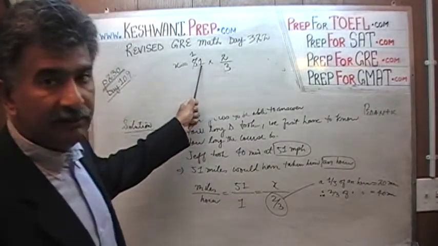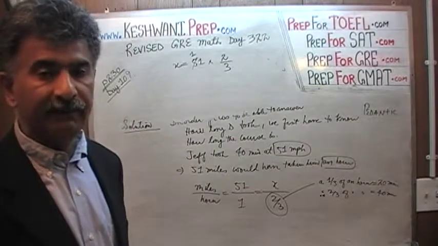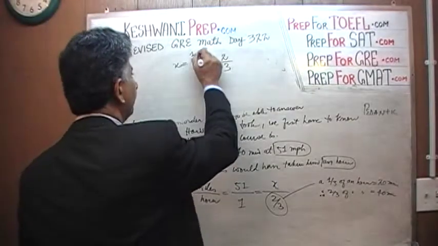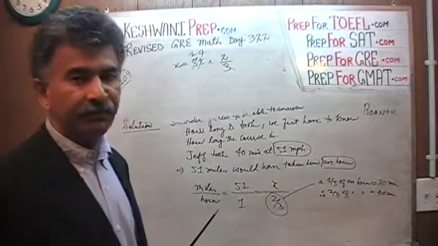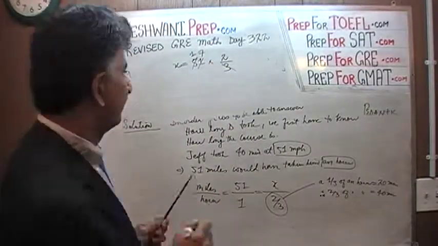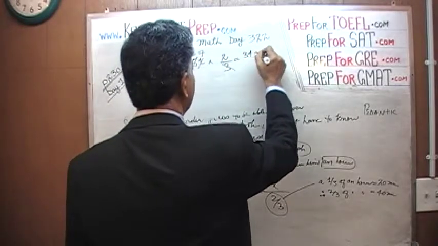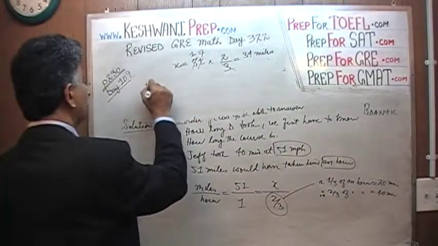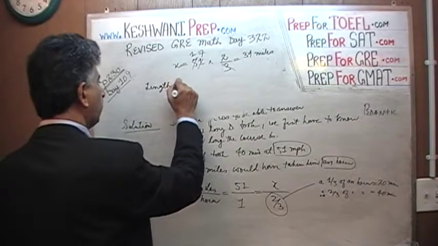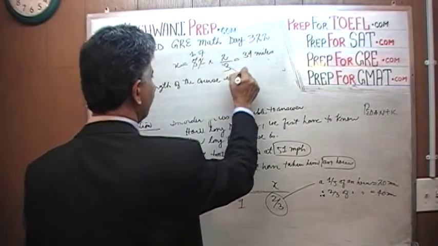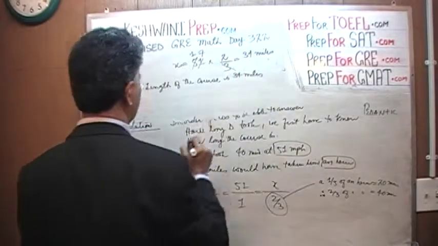How many 3's in a 21? 21 has 7 3's. That takes care of this 3, which means the length of the driving course is 34 miles. That's it.